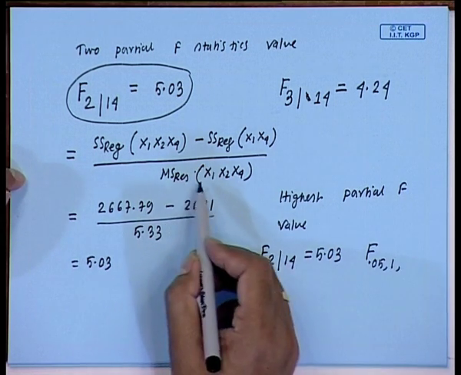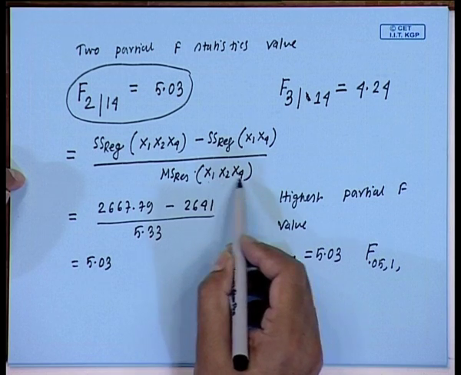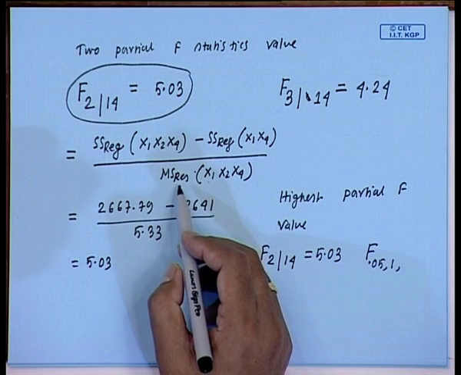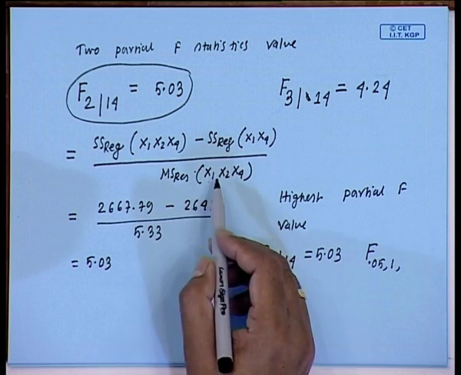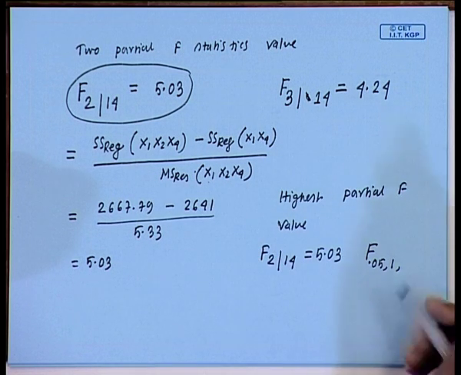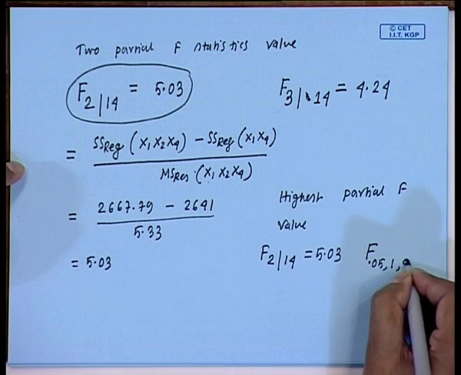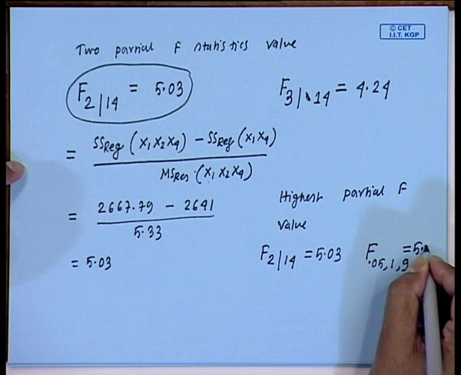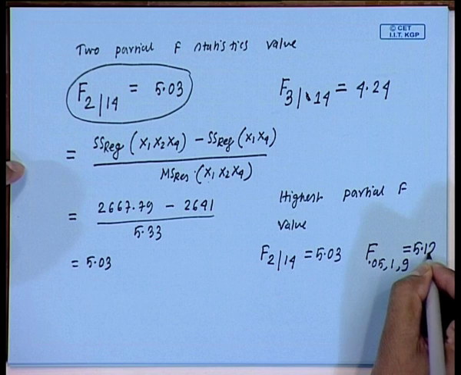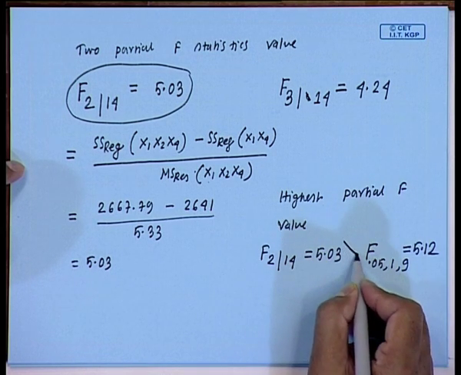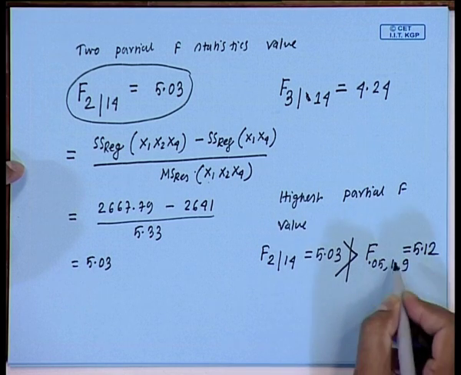I am talking about three regressors in the full model for computing MS residual. So, there will be 4 unknowns, that means the degree of freedom is 13 minus 4, that is equal to 9. So, this value is 5.12. See, now this one is not greater than the tabulated value.